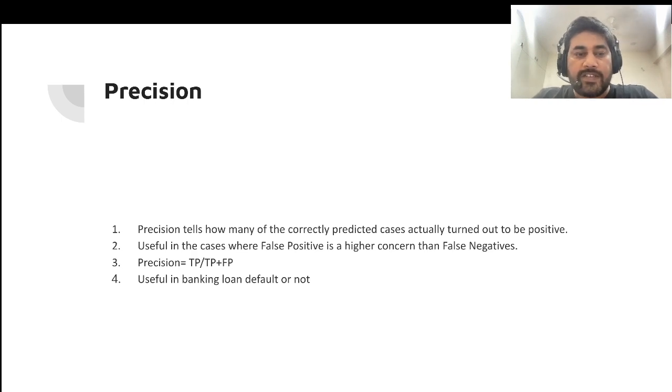First comes precision. Precision tells how many of the predicted positive cases actually turn out to be positive. We use it in cases where a false positive is a higher concern than a false negative. Suppose we have a loan application, and we ask the model to predict whether the person is going to be defaulted or non-defaulted. Here a false positive is the higher concern.